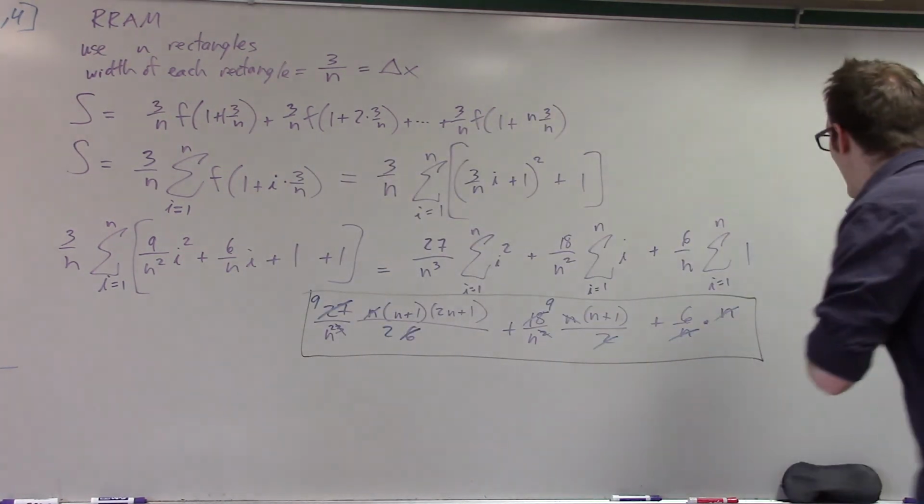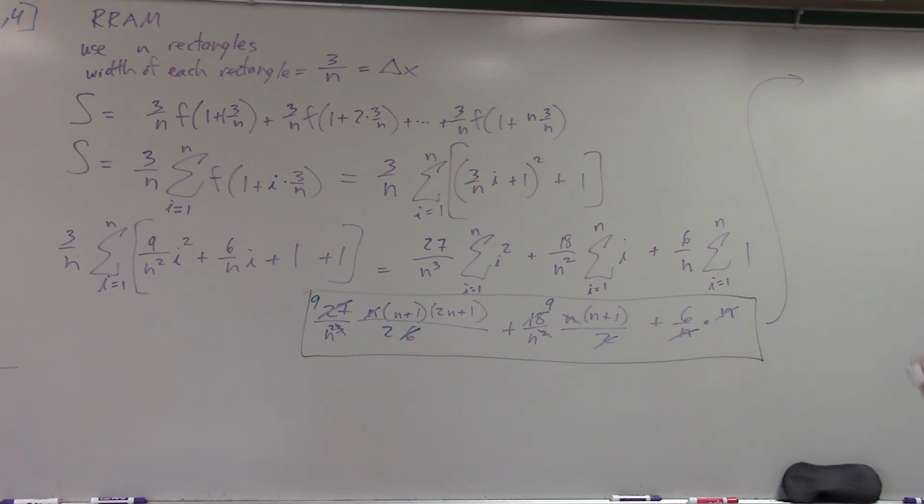So what I really have is a formula which looks something like 9 times 2n squared plus 3n plus 1 over 2n squared, I think I did that right, plus 9 times n plus 1 over n plus 6. That will give me the exact area under the curve given n rectangles.